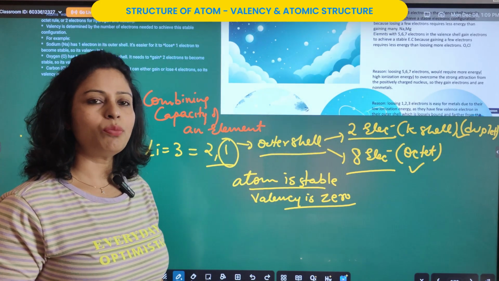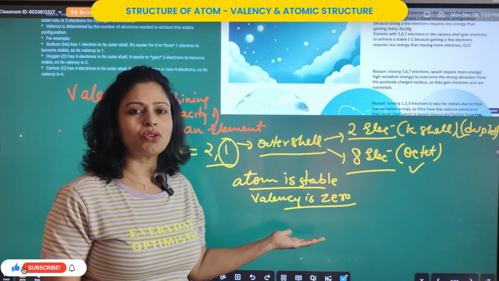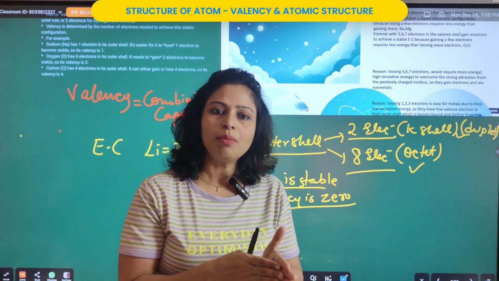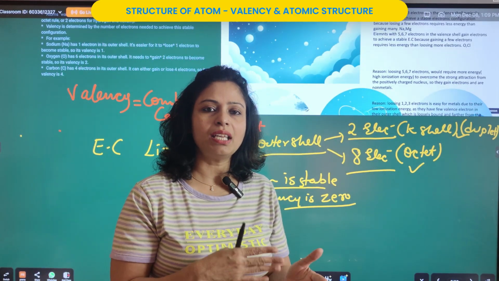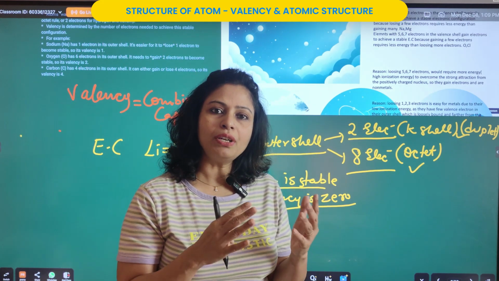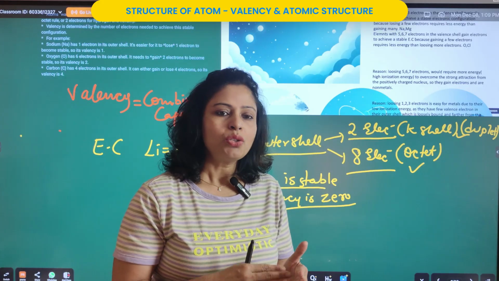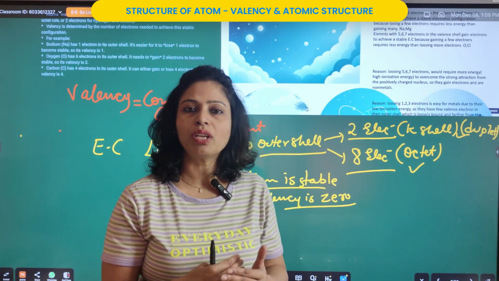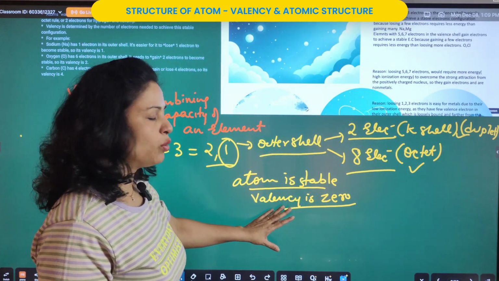Why is its valency 0? Because it doesn't have to gain any electron or lose any electron. Atoms are unstable, so they have to attain stability, either by gaining electrons or by losing electrons. Some atoms have their outermost shell filled, so they are already stable, and their valency is said to be 0.